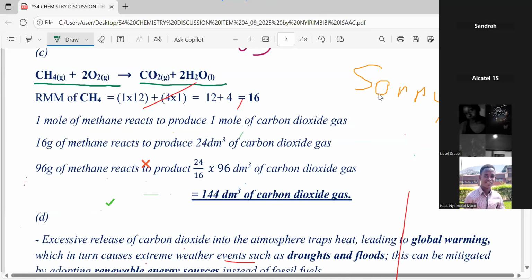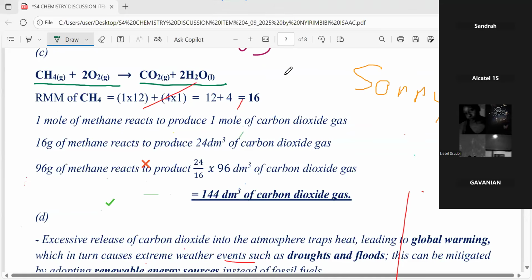Those who are writing on the screen, let me see whether we can remove them.